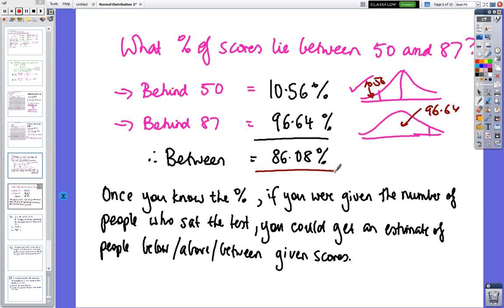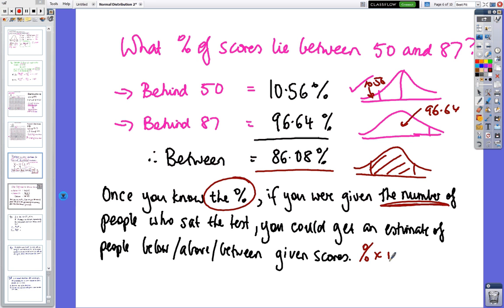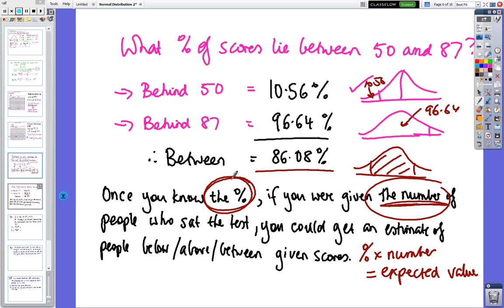If I want a score in between 2 numbers, I just subtract the 2 areas, and that'll give me the area in between. And once you know the percentage, if you know the number of students who did the test, you just do the percentage times the number, and that would give you the expected number, either behind or in between. As long as you know the total and the percentage, you can use those numbers to find the expected value. So copy that and come across.